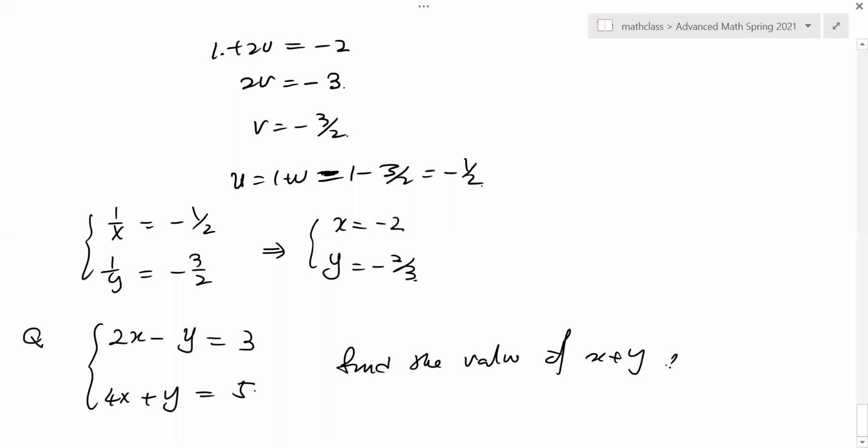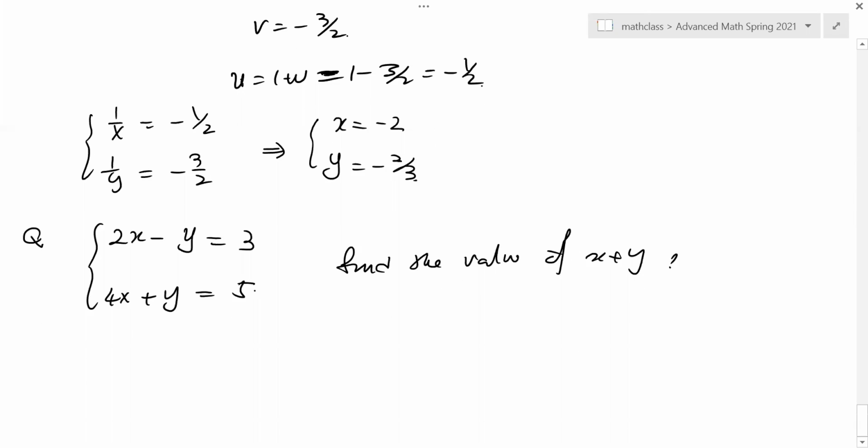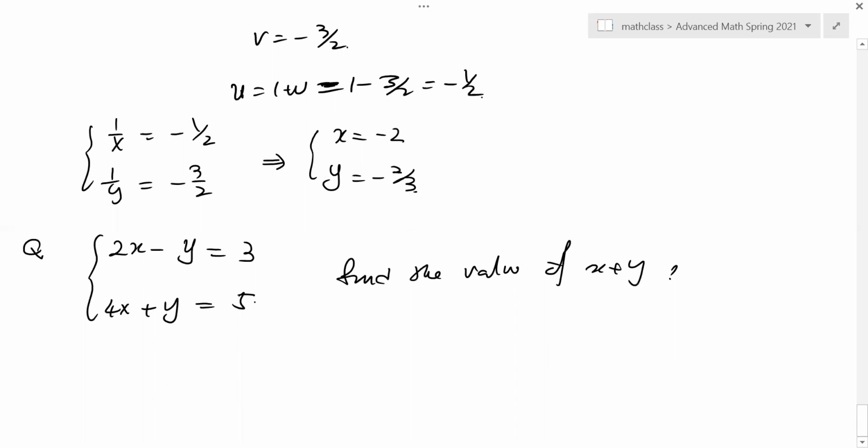I'm not asking to find the value of x and the value of y. I want to find the value of x plus y. What are you going to do? Well, you can try to find the value of x and the value of y, then add them together. You also ask yourself, is it necessary to do that?